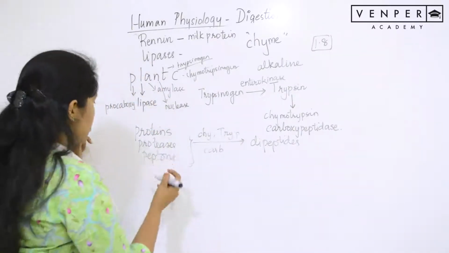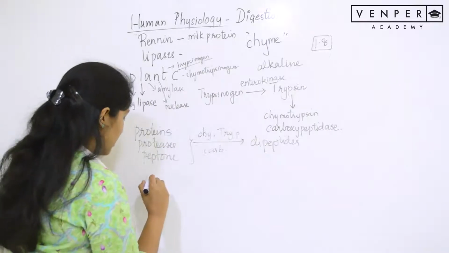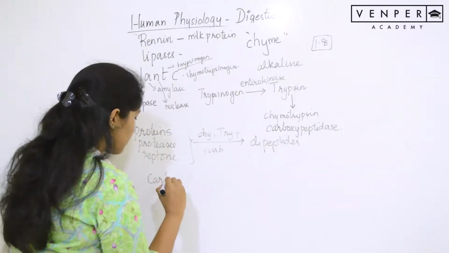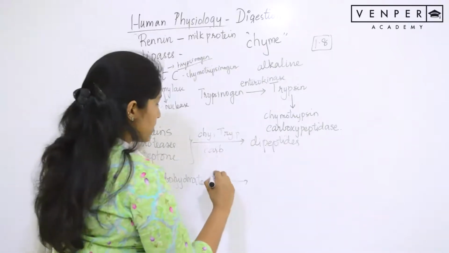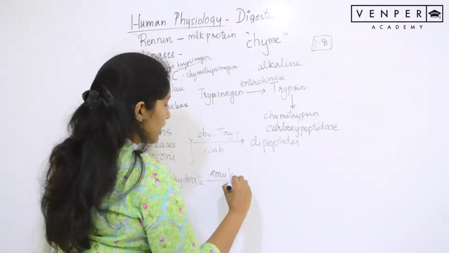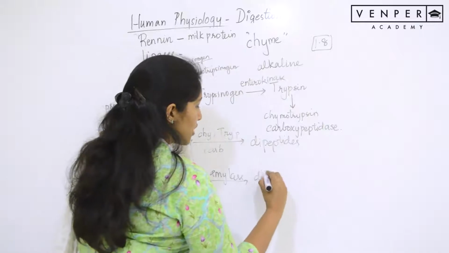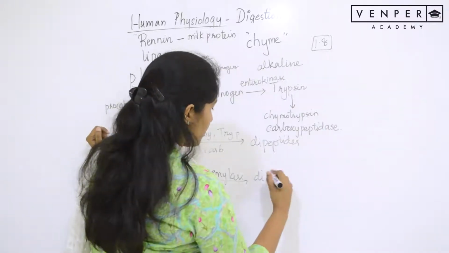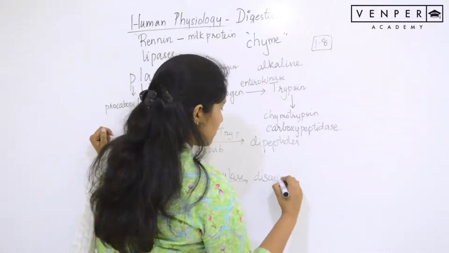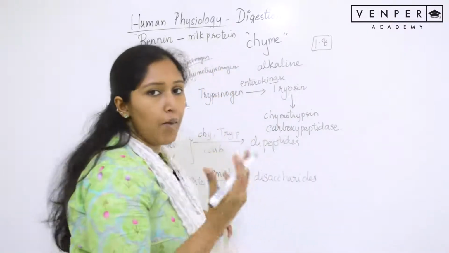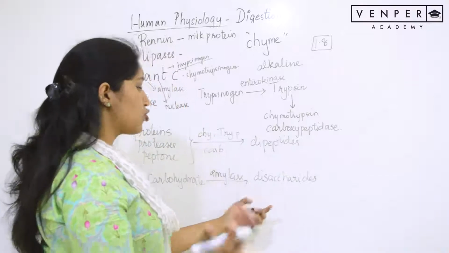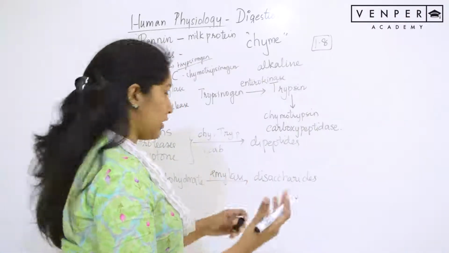The next comes your carbohydrates. Polysaccharide is digested with the help of your pancreatic amylase, which gives rise to disaccharides. Disaccharides are maltose, sucrose, lactose, all these.